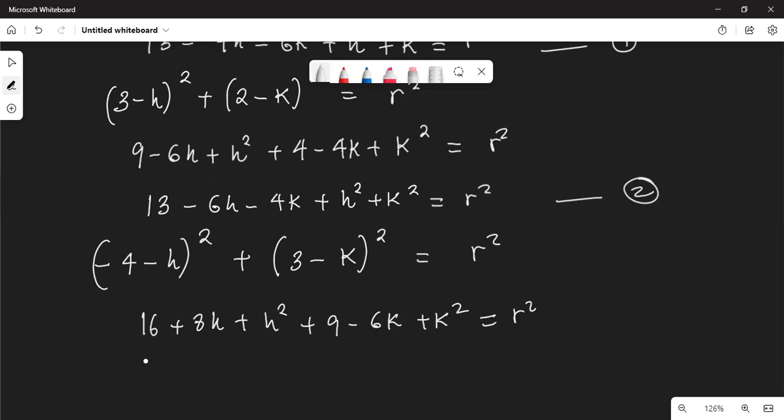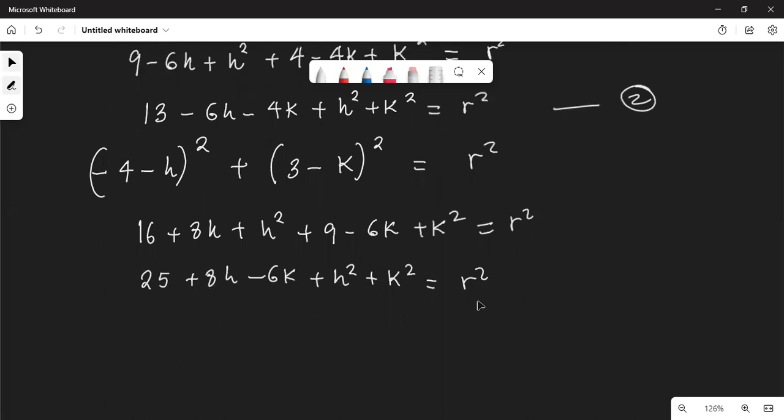So 16 plus 9 is 25. So 25 plus 8h minus 6k plus h squared plus k squared equals r squared. So this is our third equation.